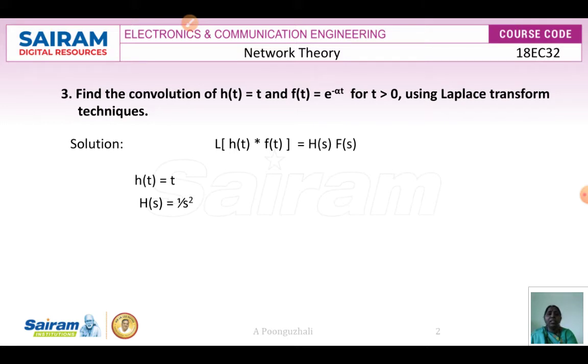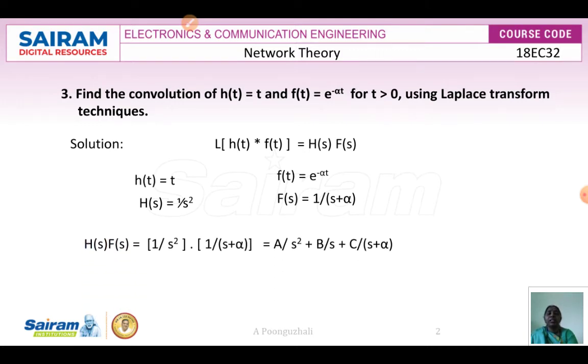Next, f of t is e power minus alpha t, so f of s is 1 by s plus alpha. So h of s into f of s is 1 by s square into 1 by s plus alpha.